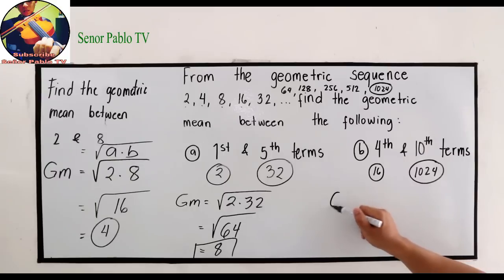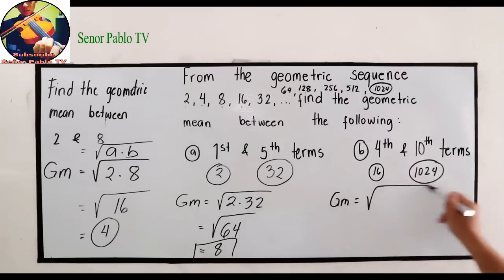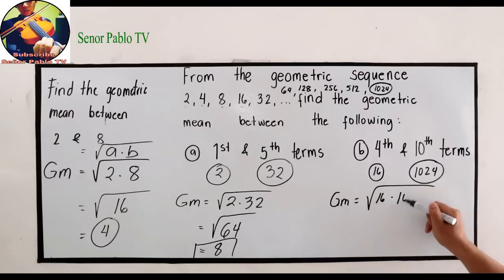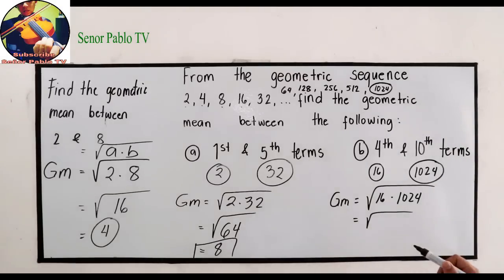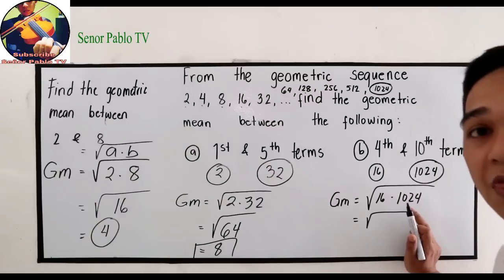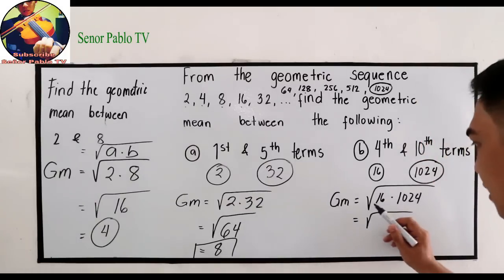Now, get the geometric mean. Square root of 16 times 1,024. Multiply natin, 16 times 1,024. So, ano yung product natin? Or, pansinin natin na si 16 ay perfect square number. Ganun din si 1,024. So, pwede na natin yung square root nito.